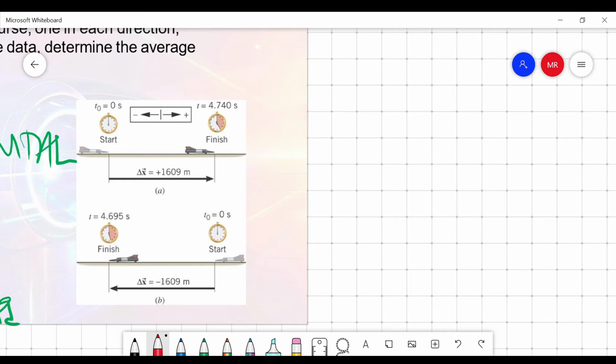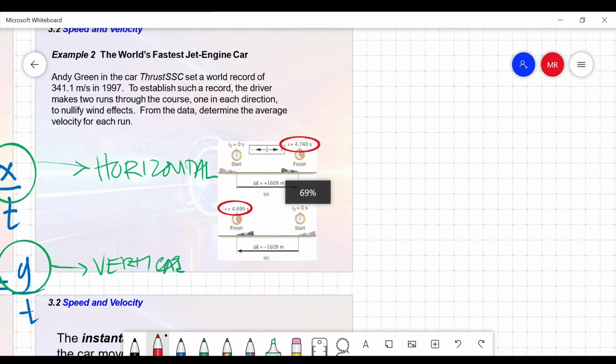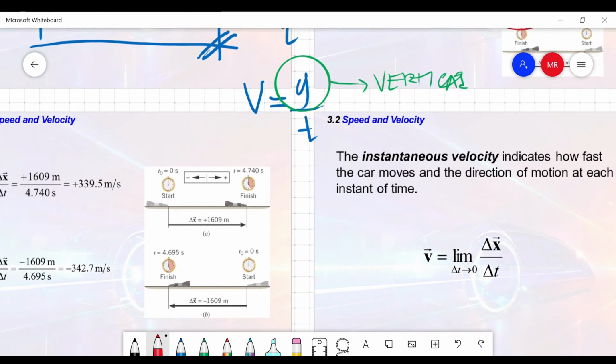Okay, so ito yung pinagkaiba, yung time nila. Okay, so going to right, 4.74, going left is 4.695. Now, we are being asked to find the average velocity of this run. Now, how can we find the average velocity?